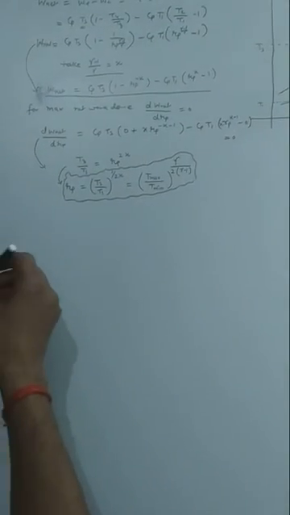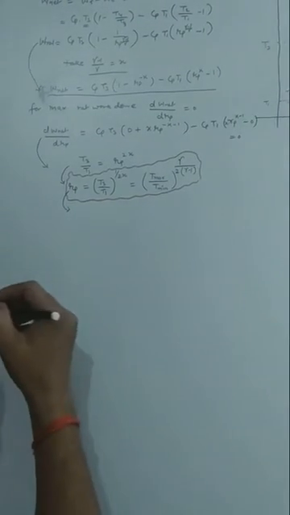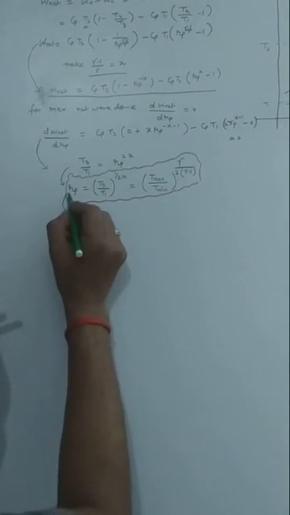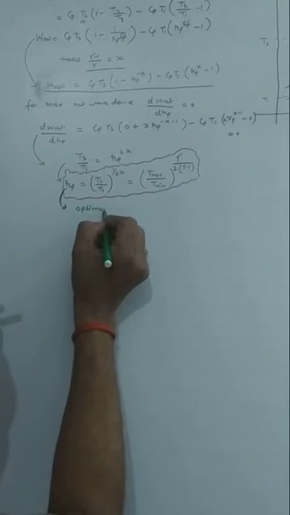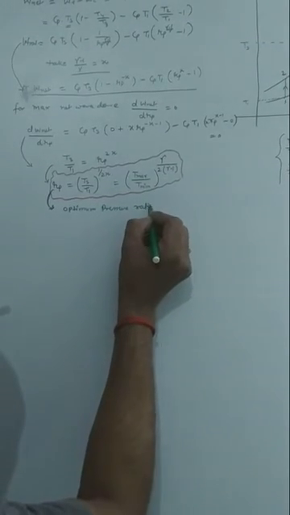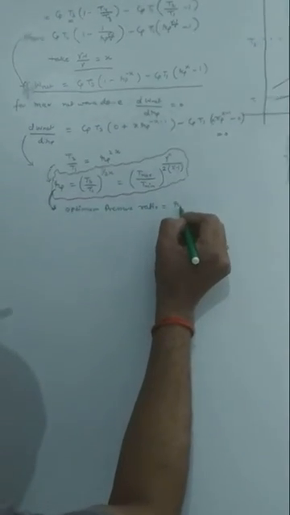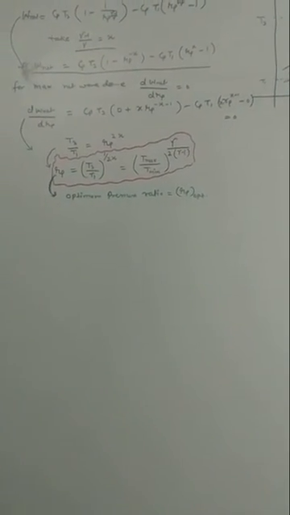So this is the pressure ratio, and this pressure ratio is called the optimum pressure ratio, Rp optimum. At this optimum pressure ratio, the net work done in the cycle will be maximum.